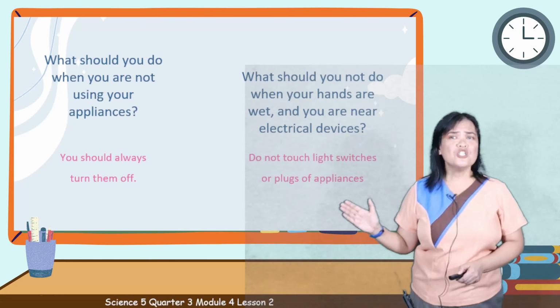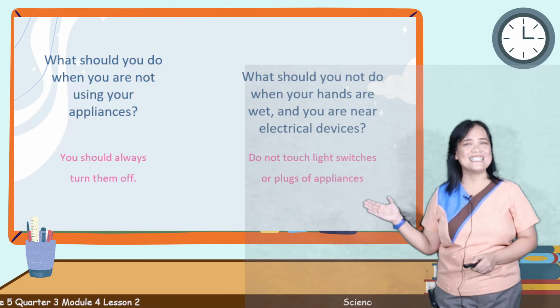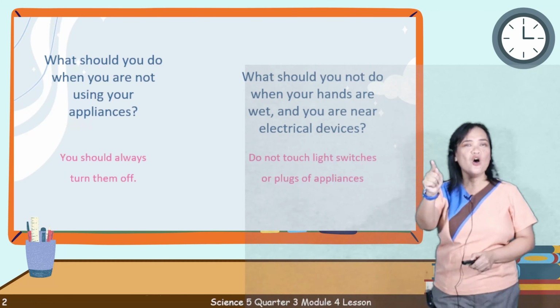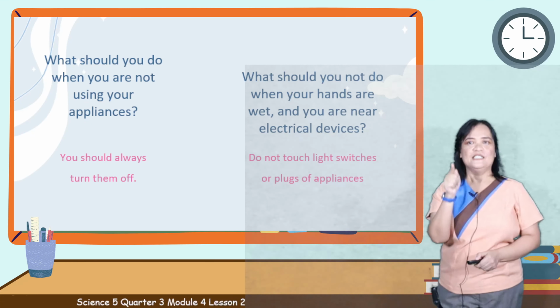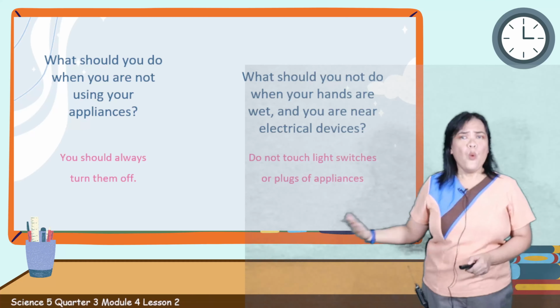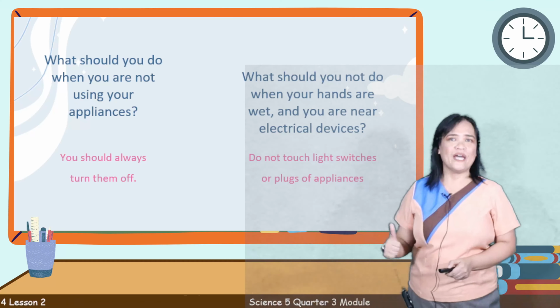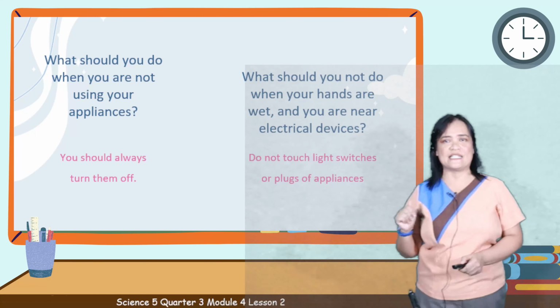Okay, what should you do when you are not using your appliances? Yes, you're right. You should always turn them off. What should you not do when your hands are wet and you are near electrical devices?